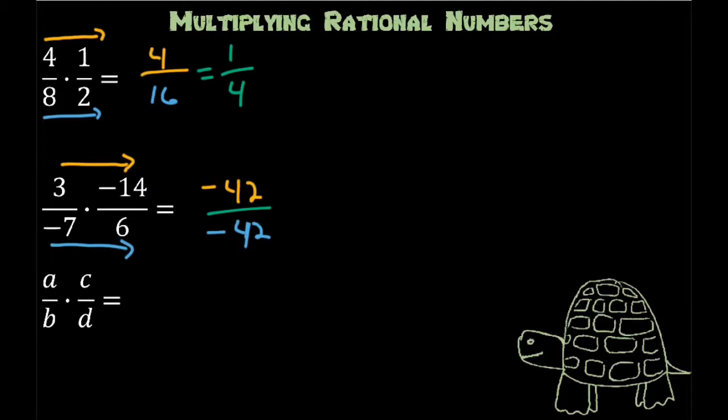And in this case, what you might notice is that we have a number divided by itself, so we know that is simply 1. And when we're thinking about multiplying rational numbers in general, we multiply across the numerator and we get a times c, and we multiply across the denominators and we get b times d. And that is how we can think about multiplying rational numbers in general.